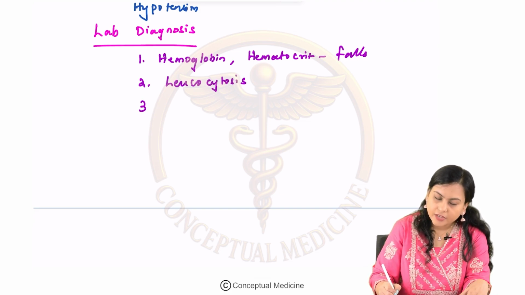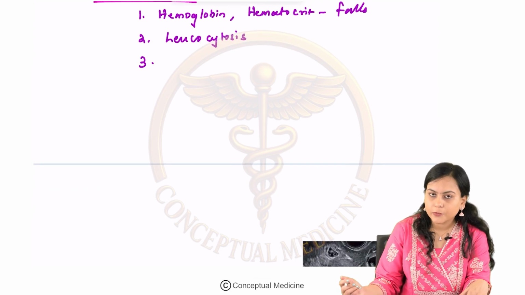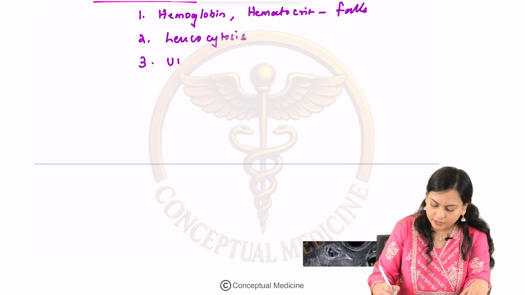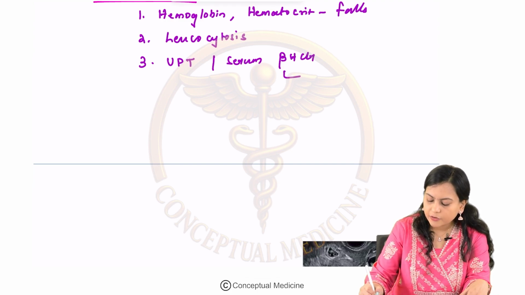And the most important lab diagnosis is we have to confirm it is a case of ectopic pregnancy. So when we do a UPT or a serum beta HCG, they are going to be positive.